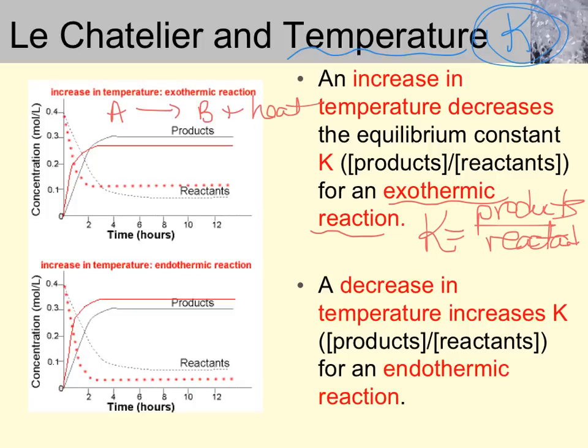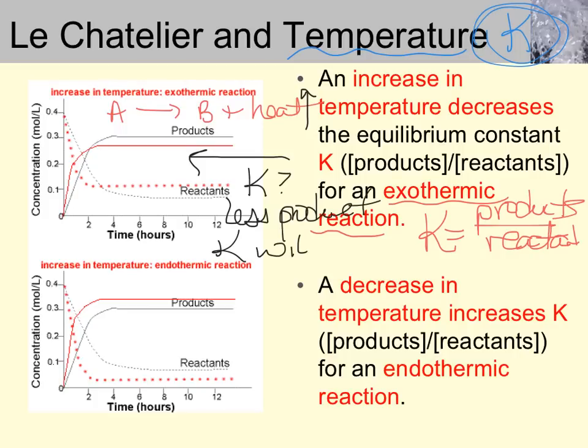So if you have an exothermic reaction and you increase heat, it's going to shift to the left. What is that going to do to K if a reaction shifts to the left? You're going to make less product if it's shifting to the left, which means K will decrease. So in quick summary, if you have an exothermic reaction and you add heat, K will decrease.